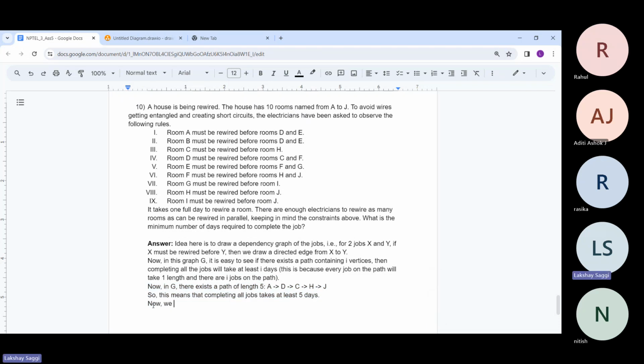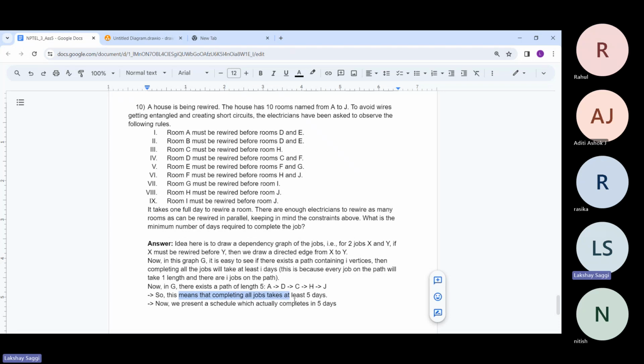Now we present a schedule which actually completes within 5 days. So first we showed that completing all jobs takes at least 5 days. And now we will show that there is a schedule which actually takes 5 days.